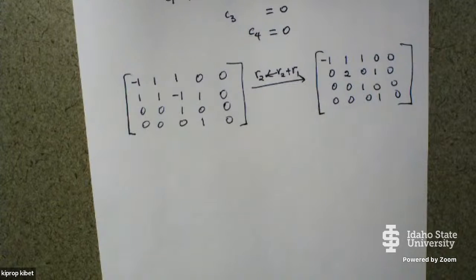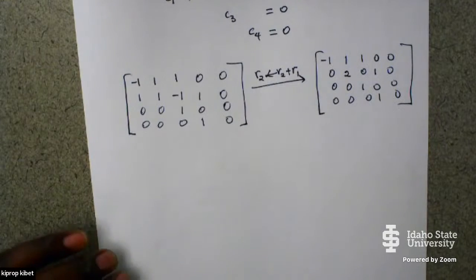So what can we see from that? We can see that this one has a pivot position in each and every row and column. So what is the solution? It is linearly independent. So this means it is linearly independent.